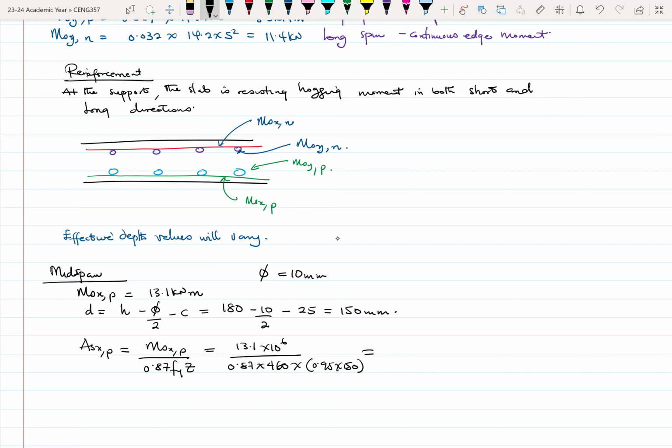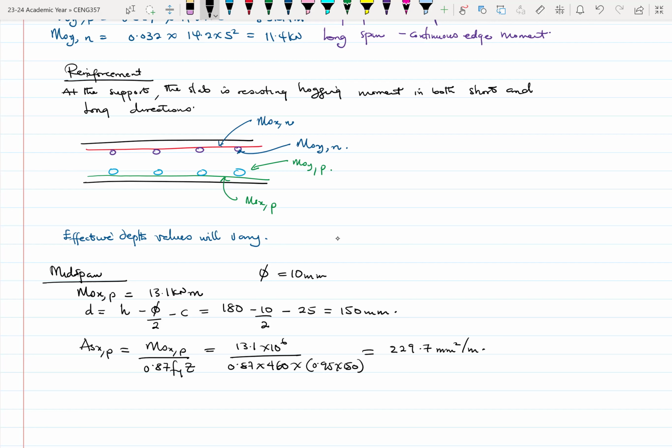What will we get? I mean, you can find K and all of that, that is fine. So this should give us 13.1 times 10 exponent 6 divided by 0.87 times 460 times 0.95 times 150. Okay, so this will give us 229.7 millimeter squared per meter.